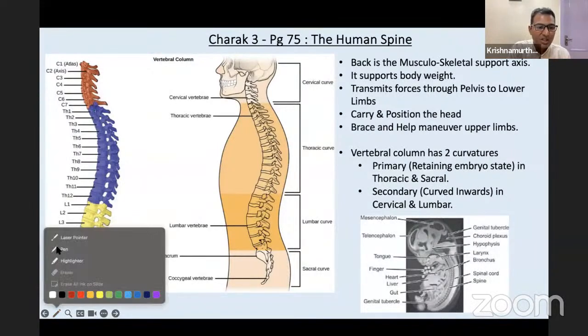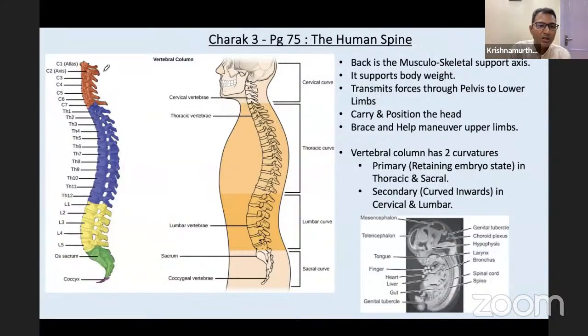And this curvature is very important. So this is one, and this is the second S. So it is called as double S curvature.